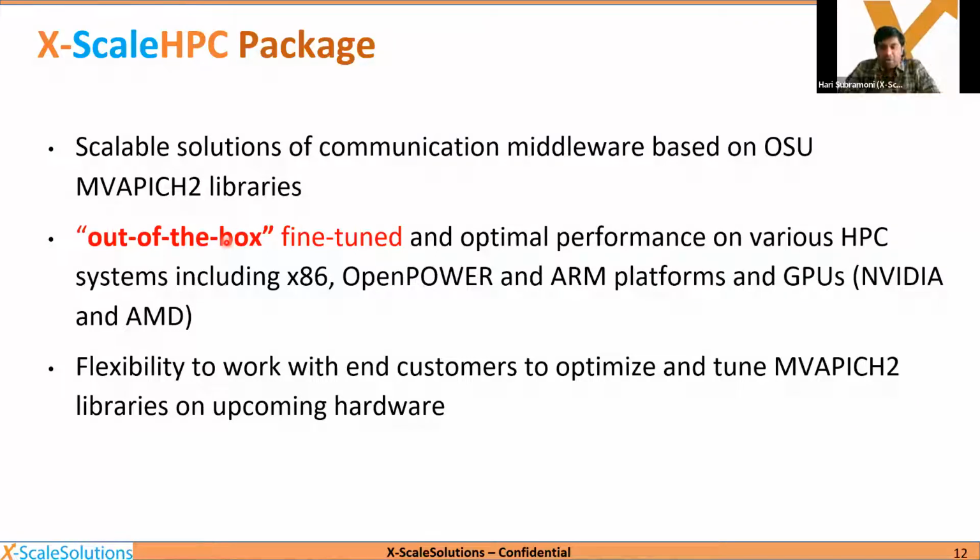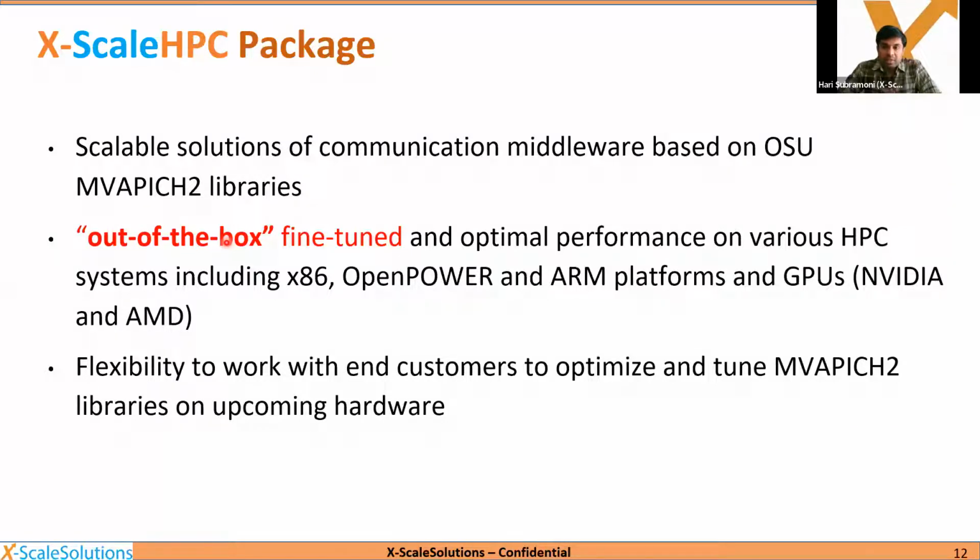The long and short of it is this. A software library as complicated as a message passing interface implementation could have anywhere between 600 to 1,000 different tuning knobs, which you can play around with to get the best possible solution on a particular architecture.